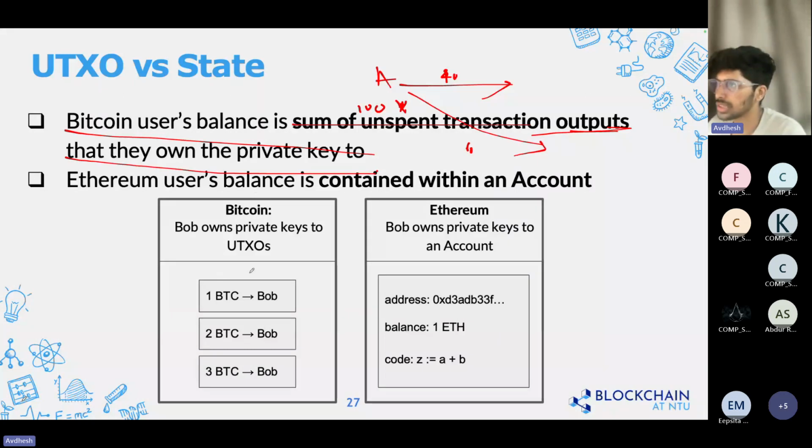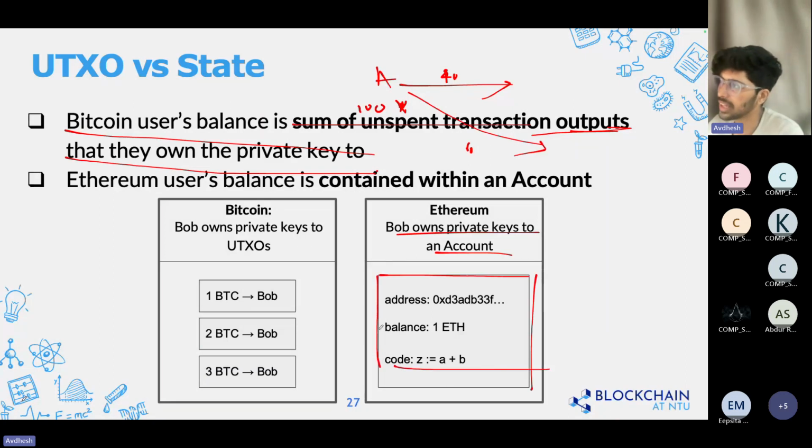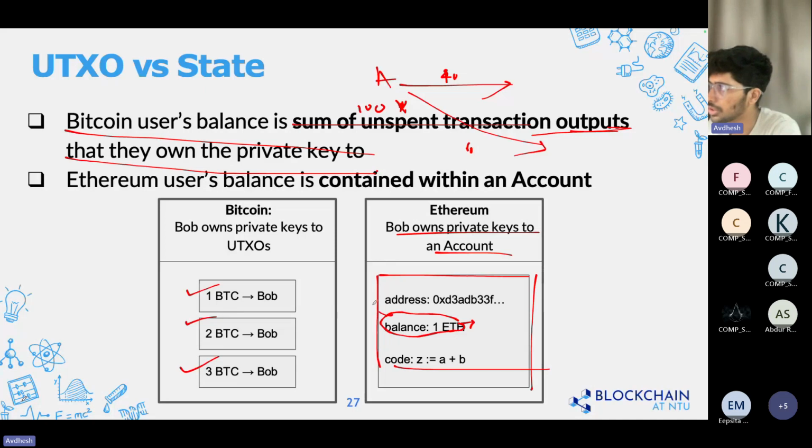So Bitcoin is something like this, whereas in Ethereum everything is stored in an account-based system, where in an account you can see the balance, whereas all these things in UTXO are just transactions. You can see a number linked to your account, and you can also write code, which I'll go through later.